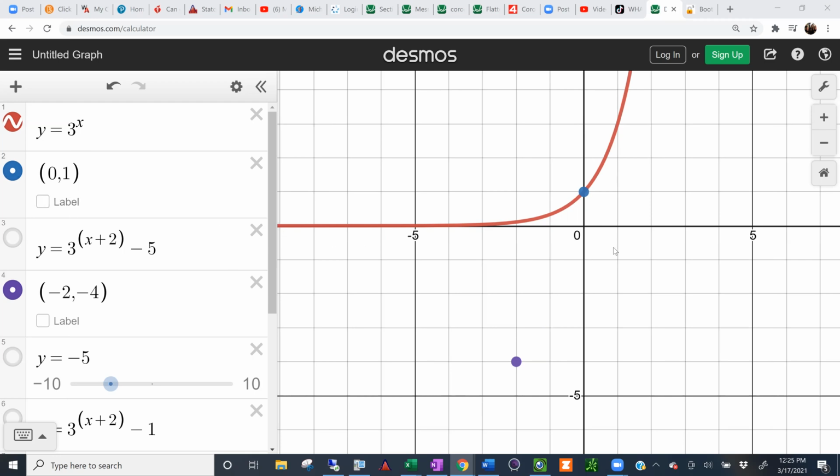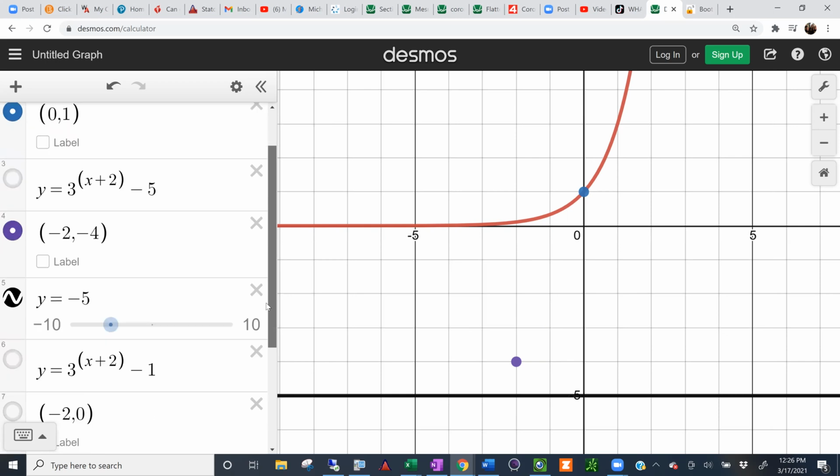So instead of y equals 0, I'll now have a new line at y equals -5. That's my horizontal asymptote. It's technically not part of the graph, but I like people paying attention to it anyway. Let's actually draw the function. It should pass through this point and get close to this line. And it does. Perfect.